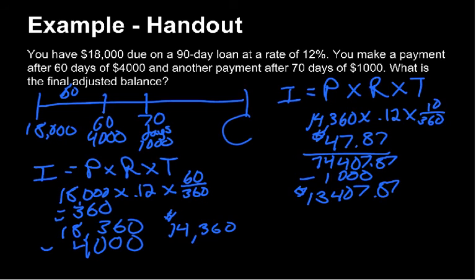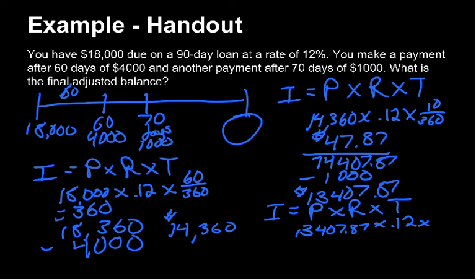Now we still have to figure out what's due at the end. So after the whole 90 days, we have one more interest payment to figure out. So principal times rate times time, $13,407.87 times 0.12 times now the remaining time. So from 70 to 90 days is 20 days, so 20 over 360.